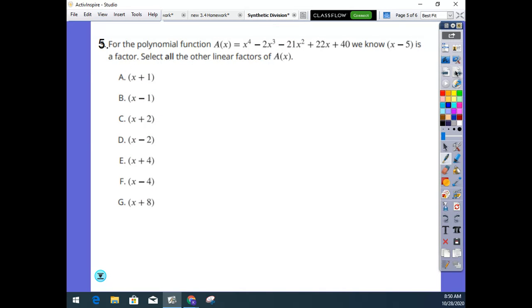Okay. So it says for the polynomial, we know x minus 5 is a factor. If they tell us this is a factor, we just need to find the rest. We can do this one of a few ways. Probably the way that I did it, I did the synthetic.